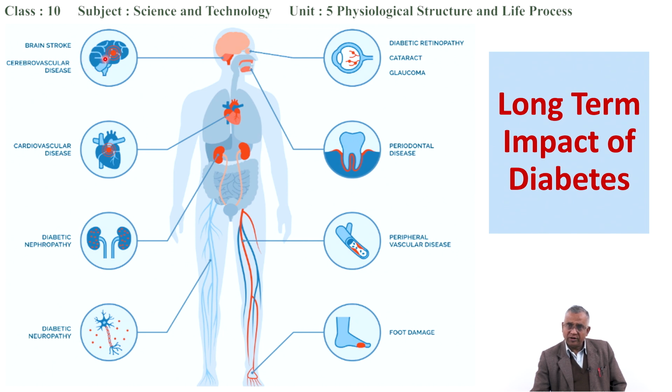And here brain stroke and cerebrovascular disease. That means in the blood vessels which carry blood to our brain, different diseases are caused due to diabetes. Cardiovascular diseases means in the blood circulatory system, in blood vessels and heart, a number of diseases are caused by it. Then in the kidney, nephropathy means the kidney may be impacted.